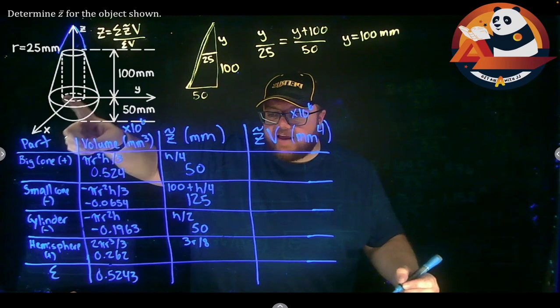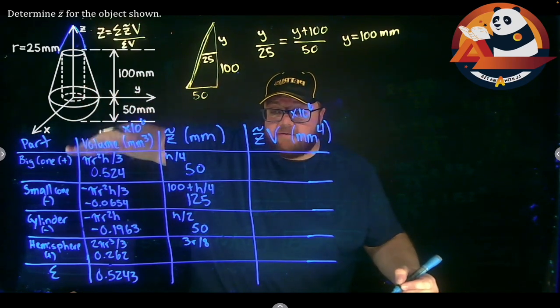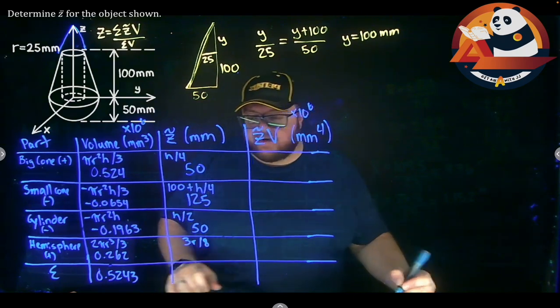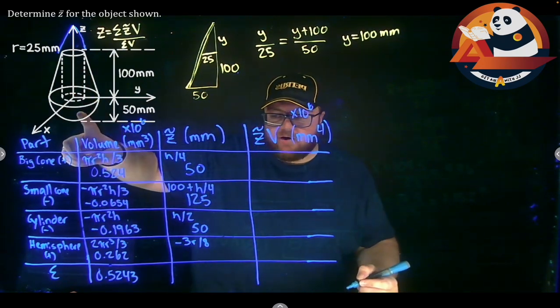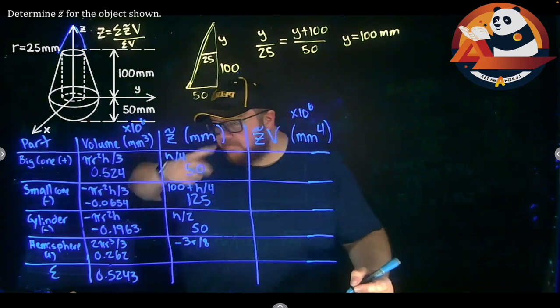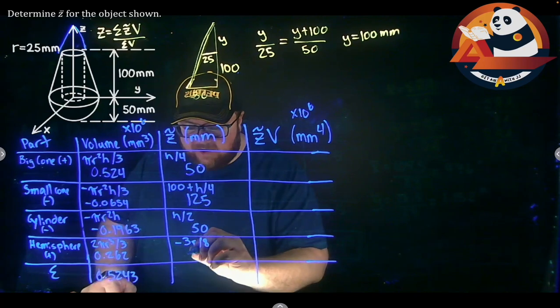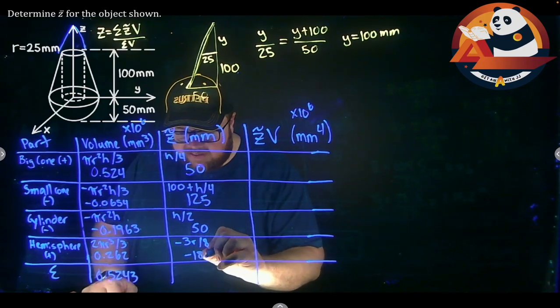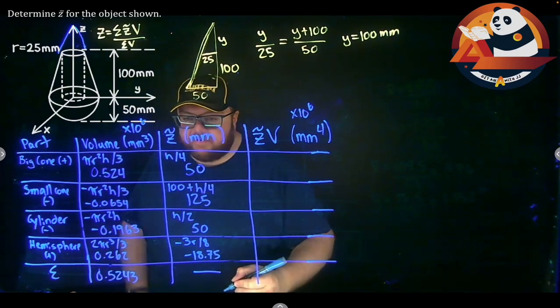Because that xy plane is at the origin, at the flat side, and we're going down below that, we're measuring in the negative z direction. We're dropping down to get to the centroid of that hemisphere. So negative 3r over 8 will get us negative 18.75.